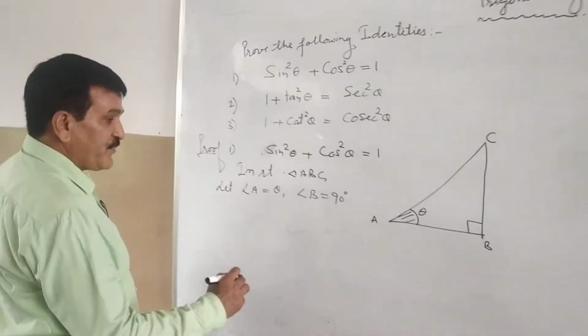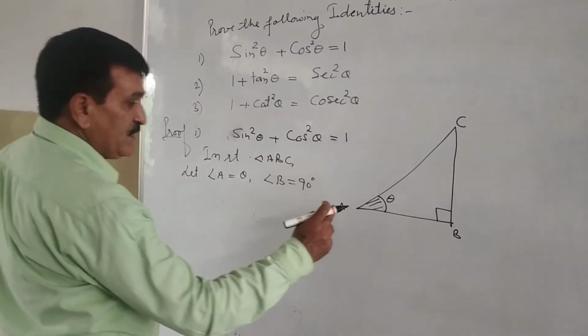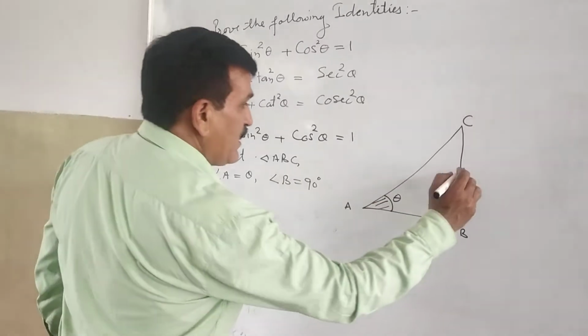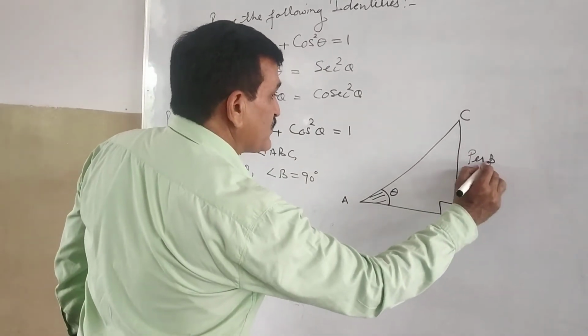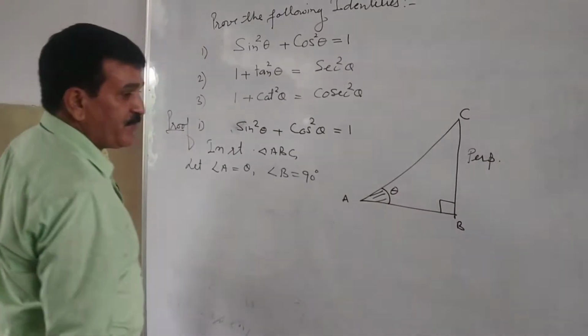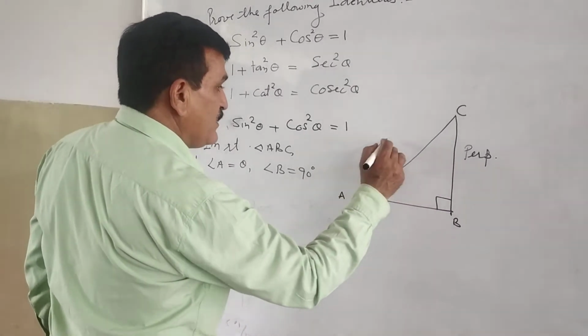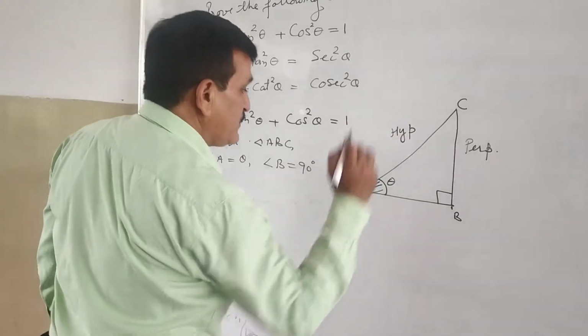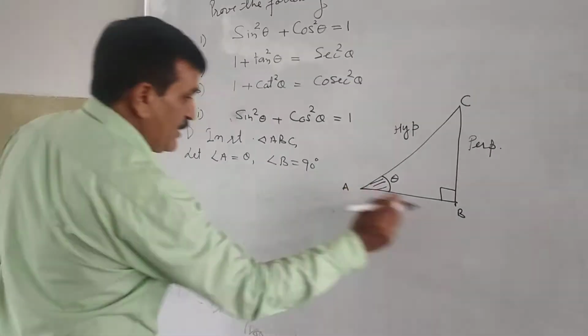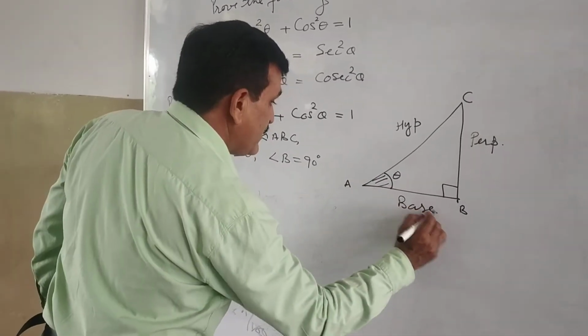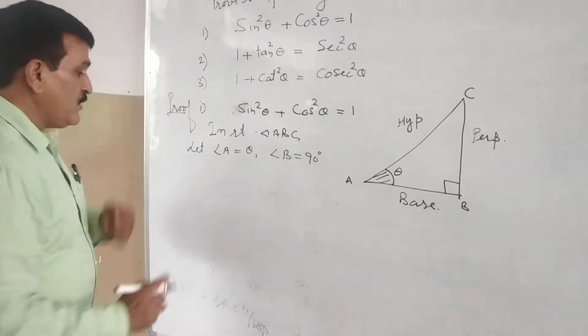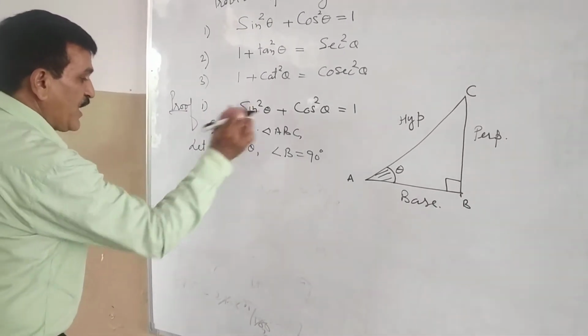As we know, the side opposite to the angle theta is the perpendicular. So here BC is perpendicular. The side opposite to the right angle is the hypotenuse. Therefore, AC is hypotenuse here, and AB is base. First of all, we will take the value of sin theta.